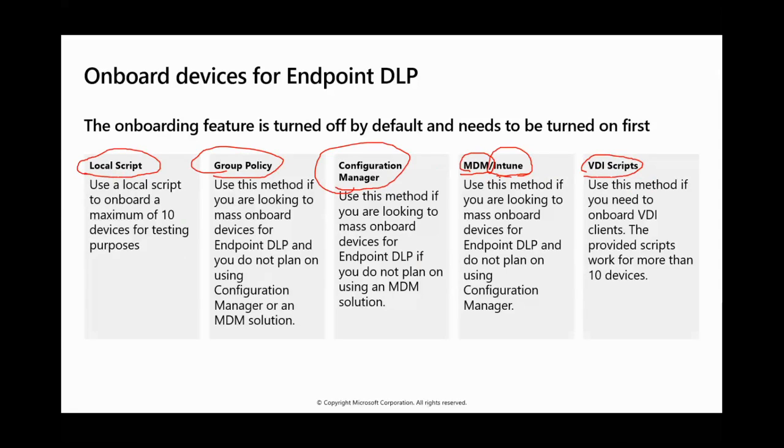On the other hand, we can use a group policy. We can use this method if we are looking to mass onboard devices for endpoint data loss prevention, and we don't plan to use a configuration manager or a mobile device management solution.